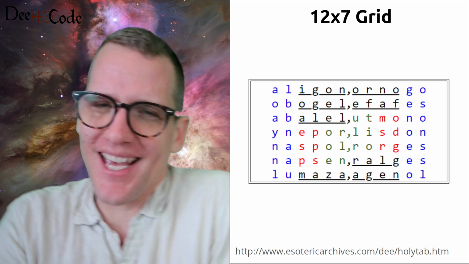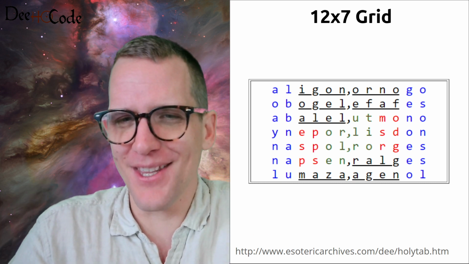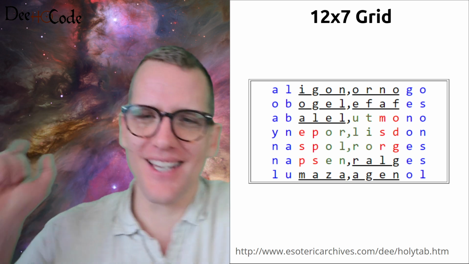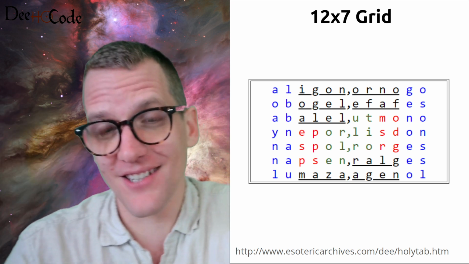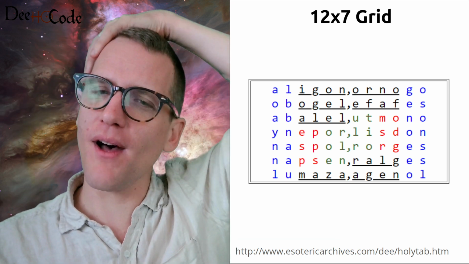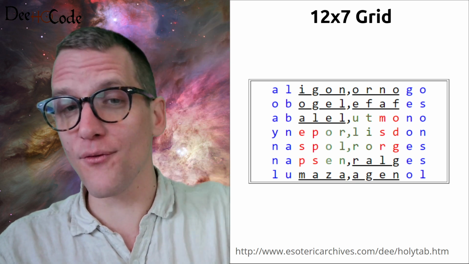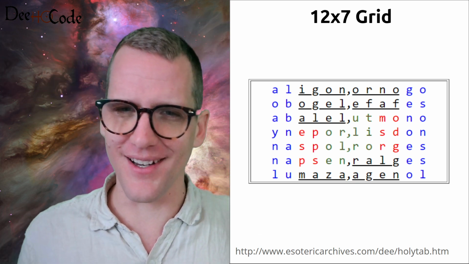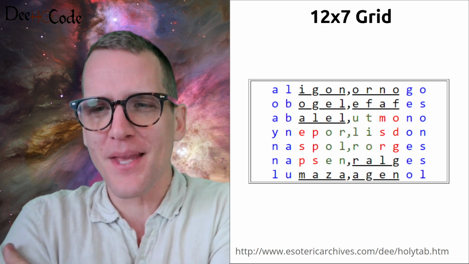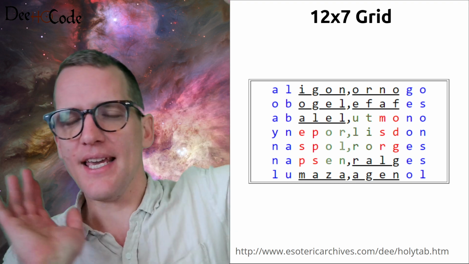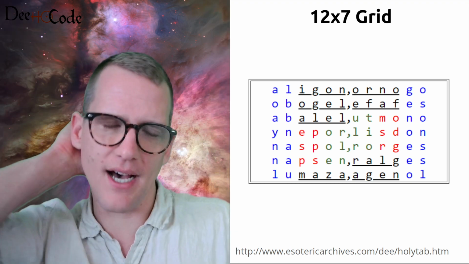If you take the names of the king and the prince of each of the Heptarchy, and you take away the letter B and you arrange them in this grid, which the angels told Dee and Kelly to do, it forms what's called the 12 by 7 grid. And they have weird names for different parts of this grid, like the skin, the heart, I guess the bones or something like that. But then this 12 by 7 grid is rotated.